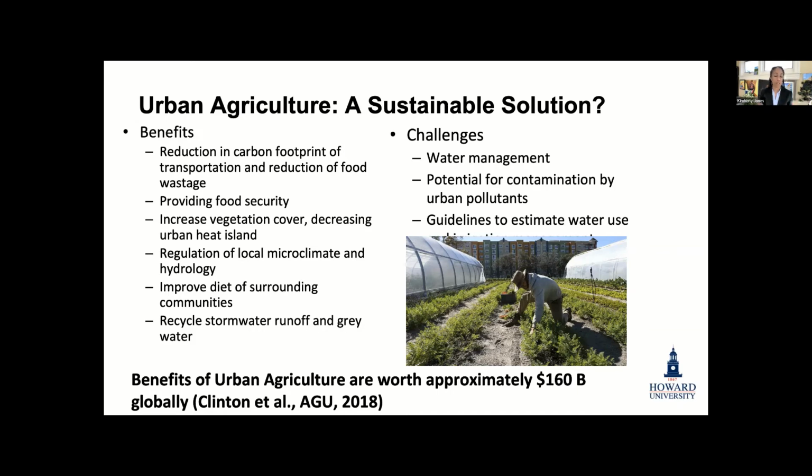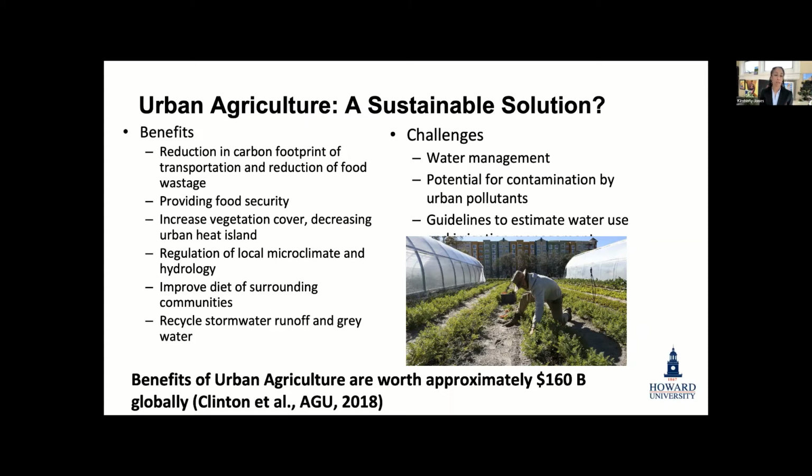Urban agriculture is a quickly growing industry. We have food deserts in a lot of urban areas. And so urban agriculture is touted as a solution to that because it's a way to educate members of a community about being more green, healthy food choices. So there are lots of reasons why we're seeing more of these urban gardens.